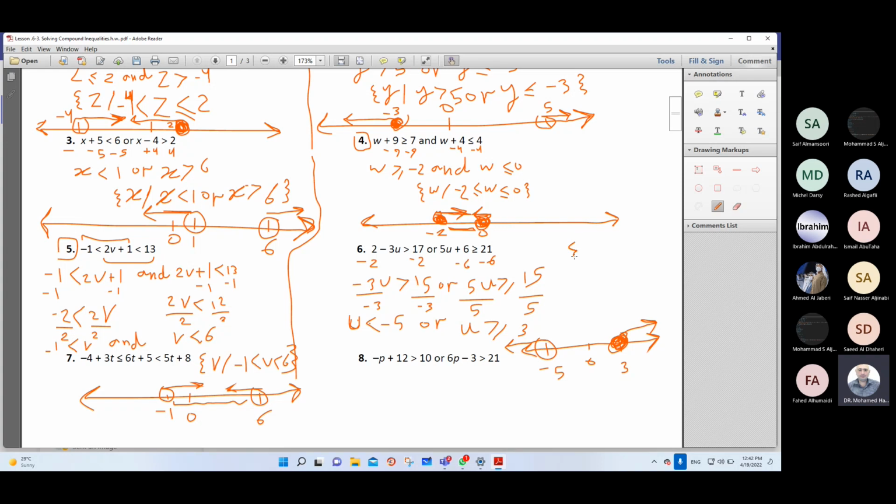And the set of the solution, u such that u less than -5 or u greater than or equal to 3.